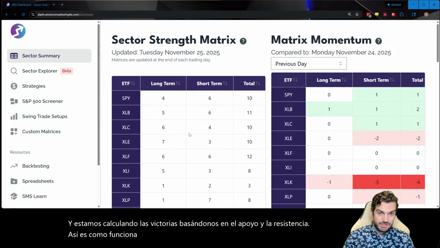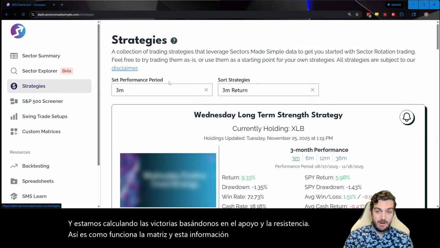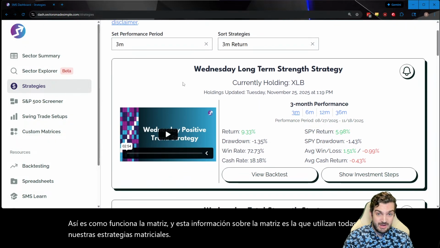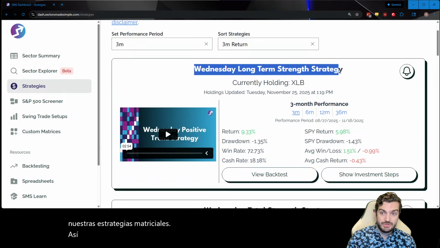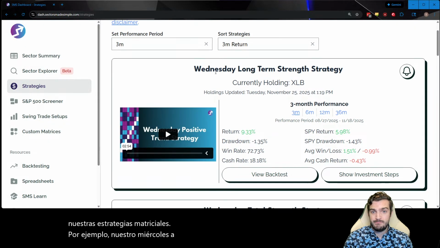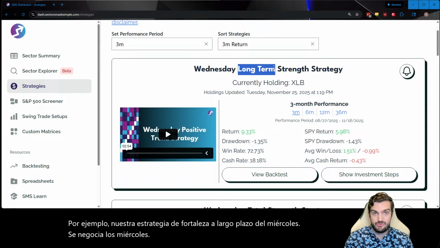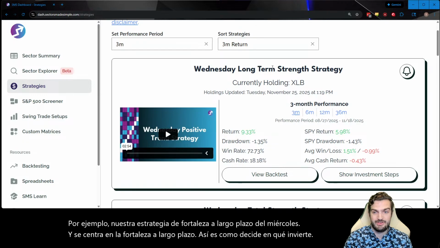And this information on the matrix is what all of our matrix strategies use. So for example, our Wednesday long-term strength strategy trades on Wednesdays and looks at long-term strength. That's how it decides what it's investing in. How is it done?